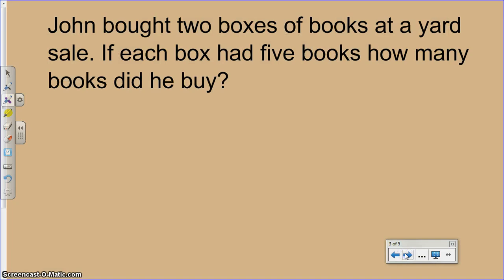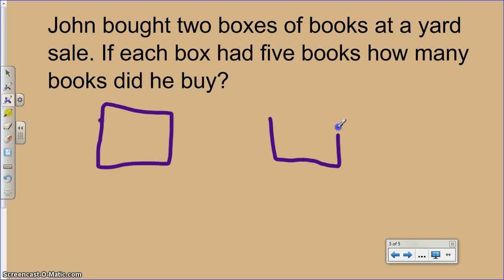Let's take a look at this next problem. John bought 2 boxes of books at a yard sale. If each box had 5 books, how many books did he buy? So he buys 2 boxes of books. Here's 1 box of books, and here's the second one. It says that each box has 5 books. So there's my equal groups right there. It says each of these boxes has 5 books in the box.